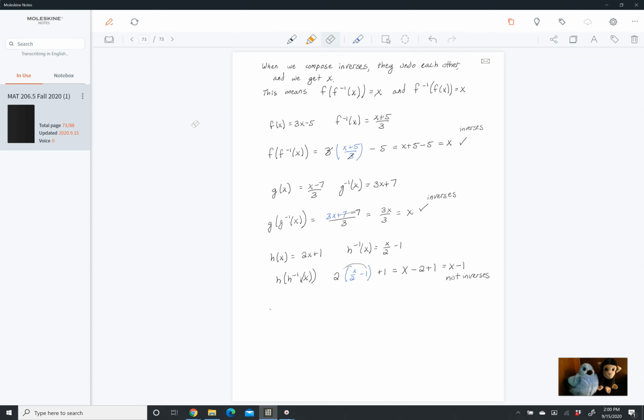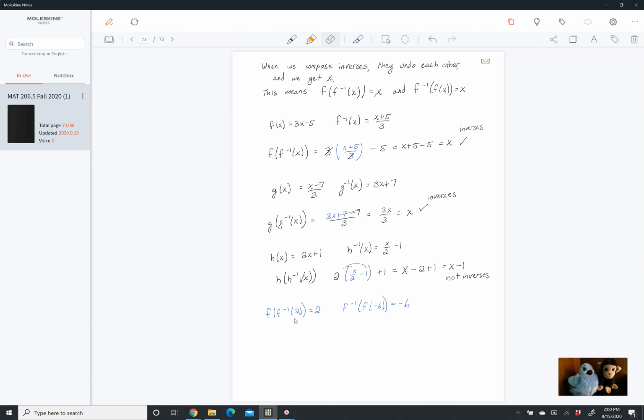A couple of other things to know. F of f inverse of 2. Remember, when we take inverses of compositions, our answer is just x. This tells you what our x is. We don't have to do any calculations at all. F inverse of f of negative 6. We don't even have to know what the functions are. It's negative 6.